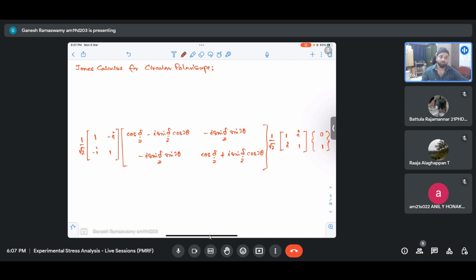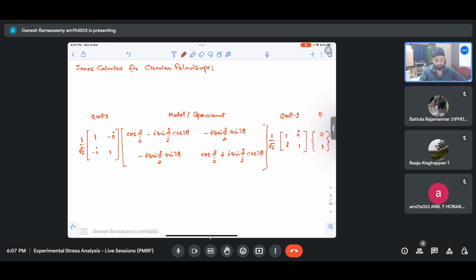Now it is only a matter of which is the component we are trying to look at. So this is quarter wave plate 2. This is the model or specimen, whatever we call it. This is quarter wave plate 1 and this is the polarizer.